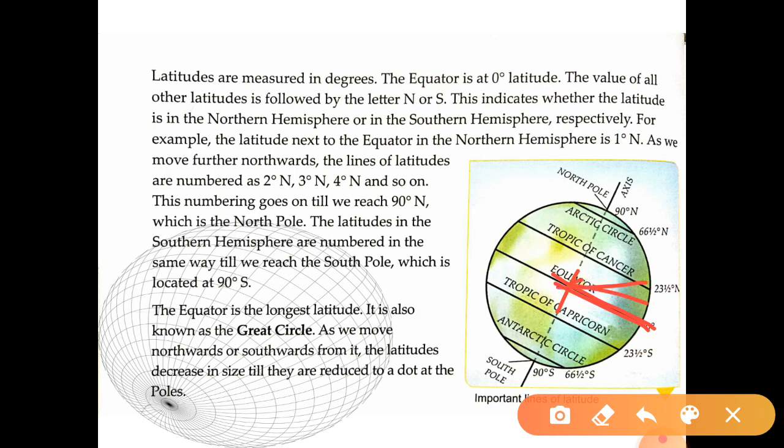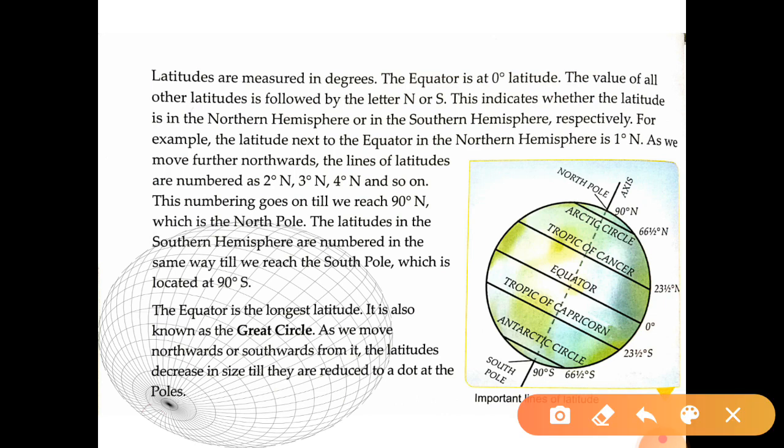If you look here, there are a number of lines. When you join the 23 and a half degree points on this side and here, it forms one latitude line, followed by the letter N for north: 23 and a half degree north from the equator, and in the southern hemisphere, 23 and a half degree south.